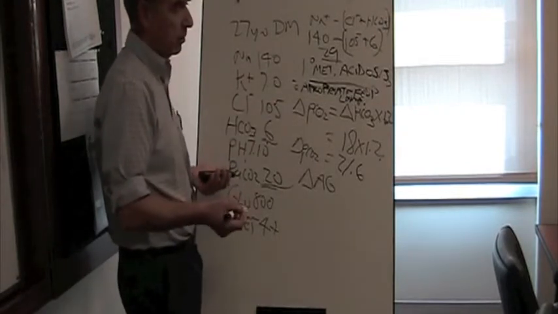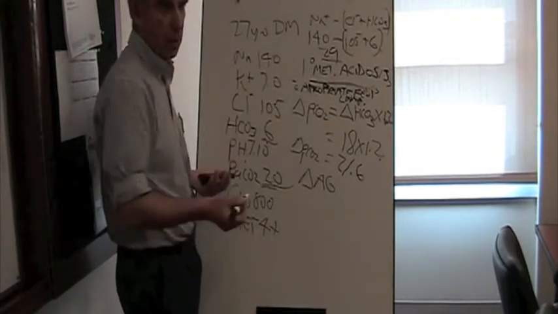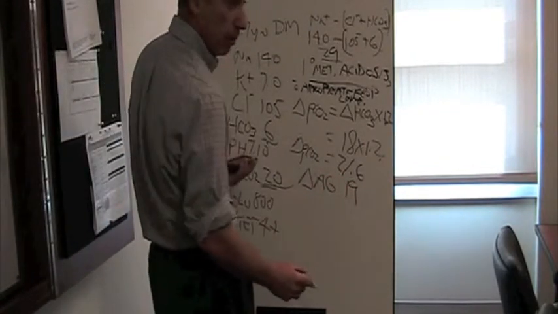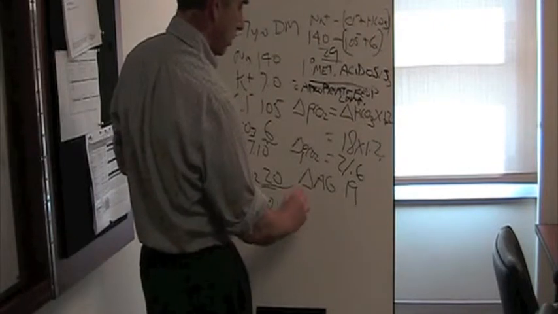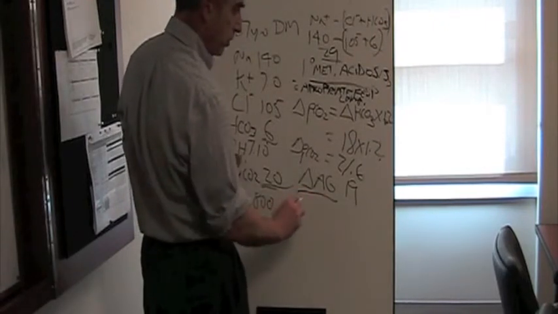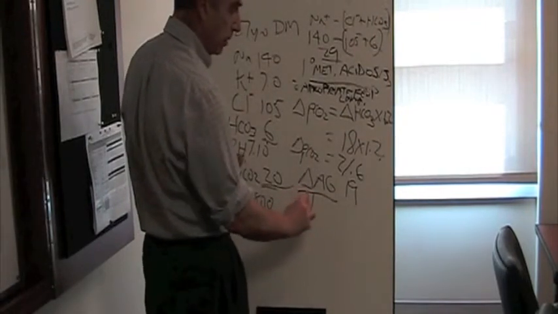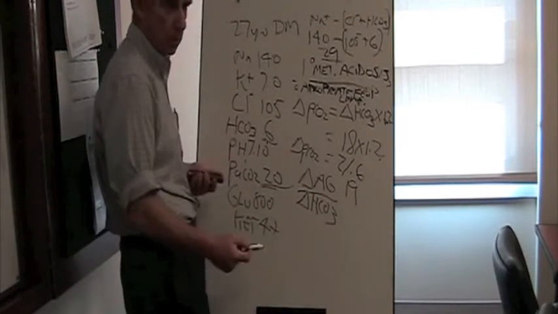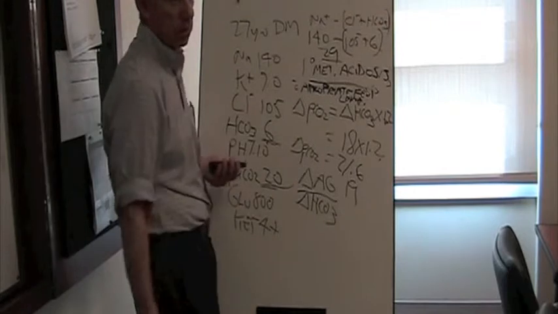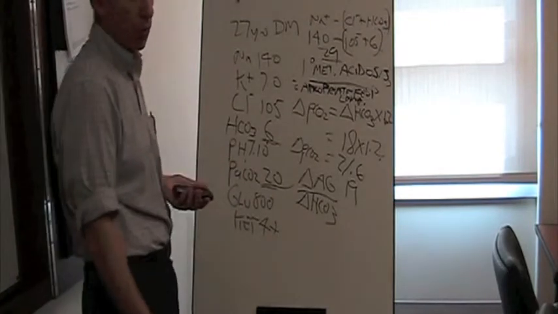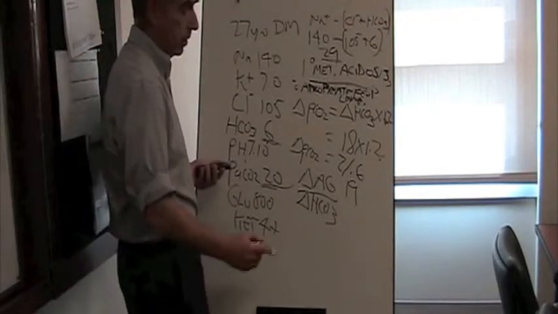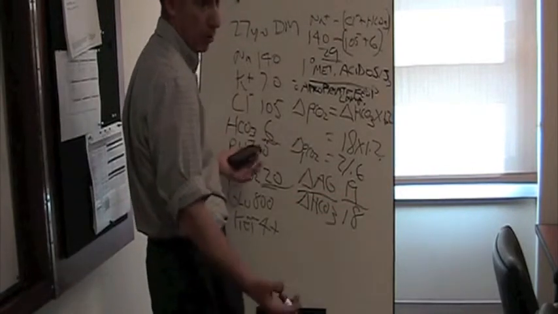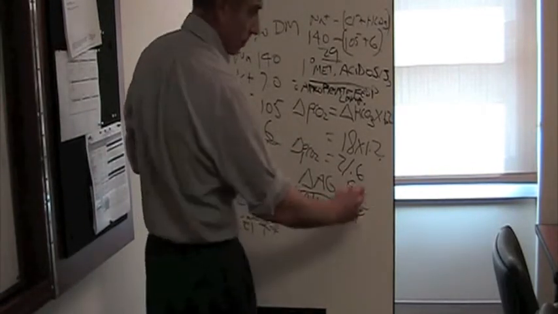If you use 10 as the normal gap, 29 minus 10 is what? 19. Okay. And the delta gap is the ratio between the delta anion gap and the delta bicarb. What's the delta bicarb? It's the change in bicarb from normal. 18. So you've got 19 over 18, which is about 1, approximately.